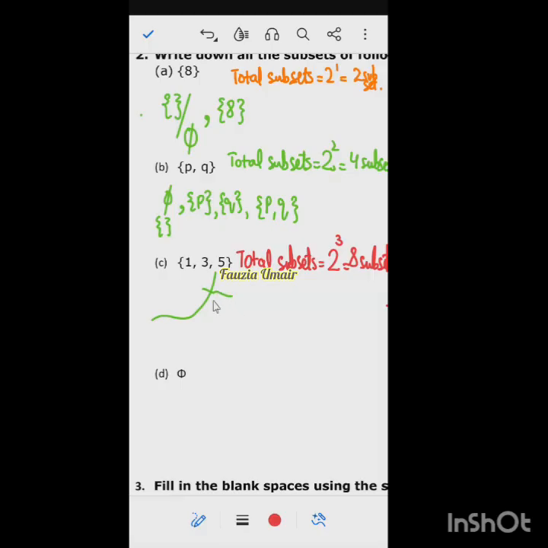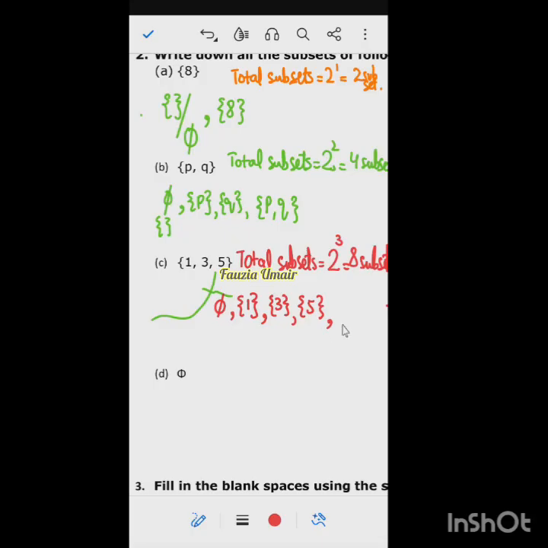The null set, an empty set. And then what will come? First of all, write down all the singleton possible sets. So 1, 3, 5. Because we need to write a total of 8 sets and we are done.